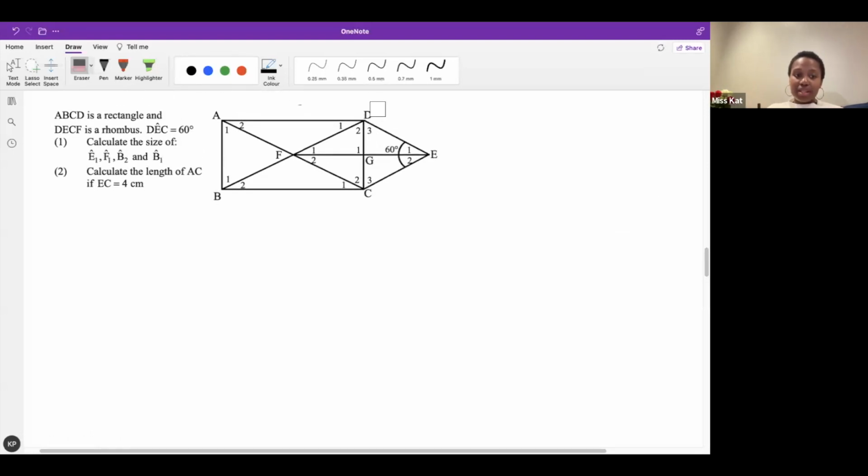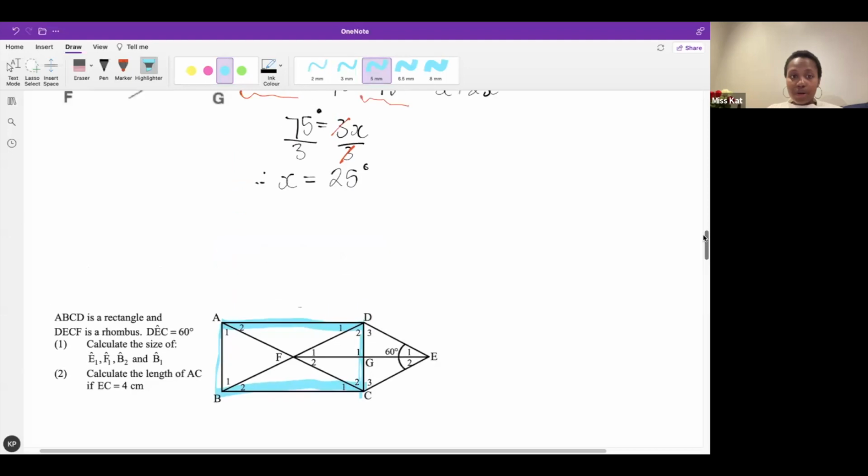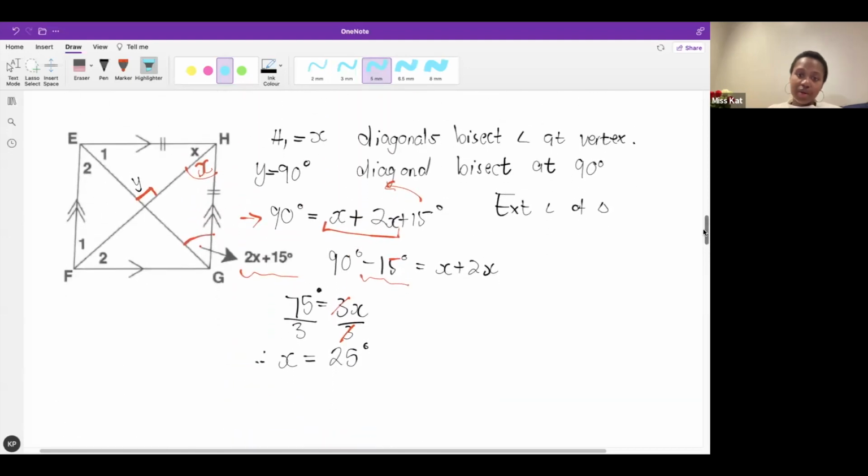ABCD is a rectangle. Okay. ABCD is this one over here. Is a rectangle. Oh, sorry, Molokhadi. Let me do this. There we go. You can take a screenshot.